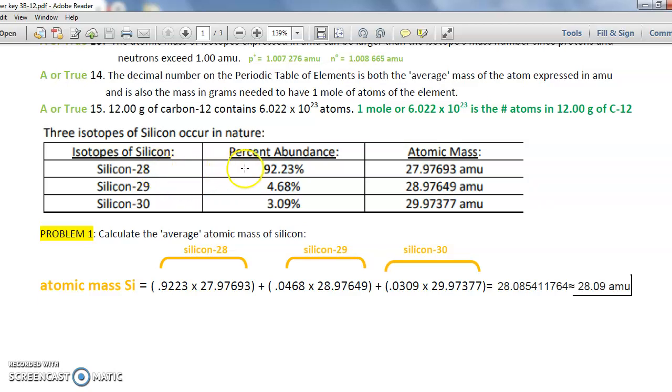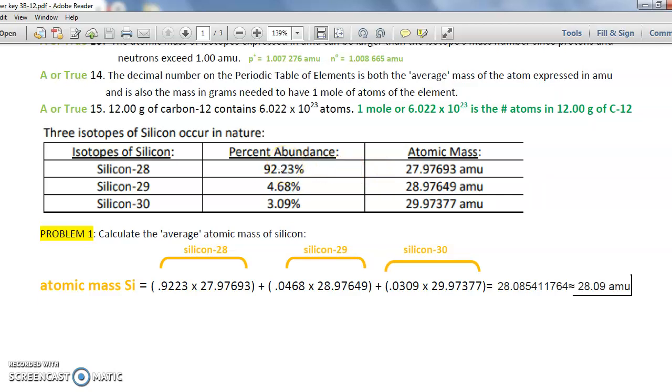Silicon-28 is the most abundant of the silicon isotopes, with 92.23% of the silicon atoms having the mass of 27.97693. Again, why is this number less than that number? The mass number is 28, saying there are 28 particles in the nucleus, so we would think this number would be over 28. Again, mass defect. Some of the mass of the protons and neutrons went to holding the protons and neutrons together.